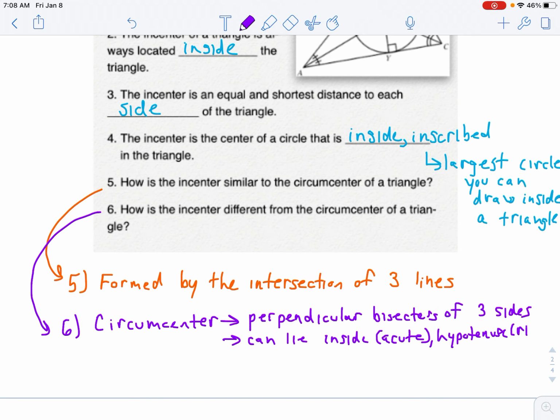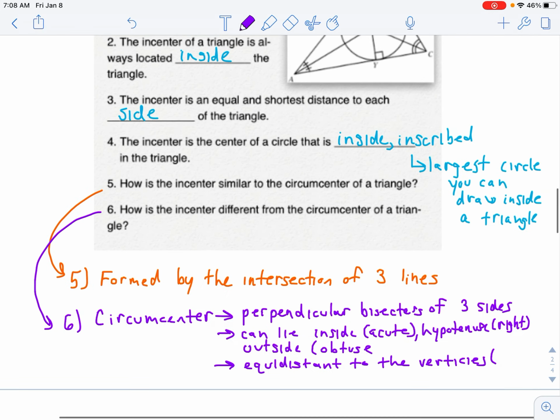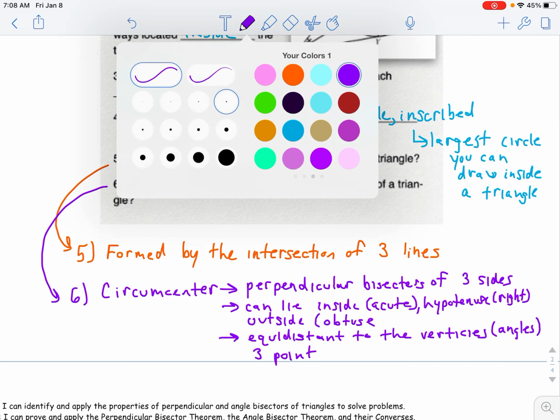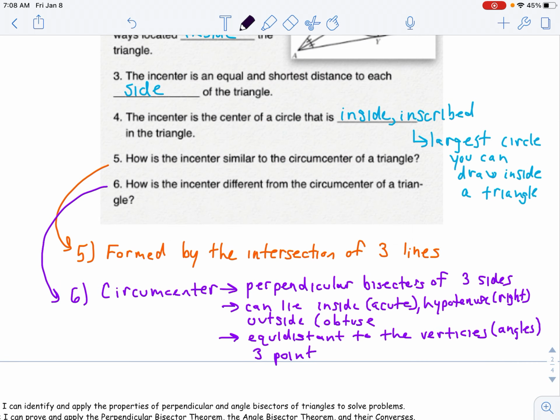Hypotenuse. That's when it's right. And then outside. That's when it's obtuse. And a circumcenter is equidistant to the vertices. So you could also think of its equidistance to the angles, if you want to reword that a little bit. Or you could say 3 points, because the vertices of a triangle are just 3 unique points. So that's a circumcenter. That's kind of the punchline of the circumcenter.